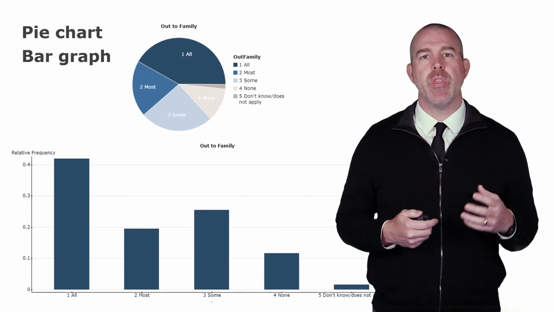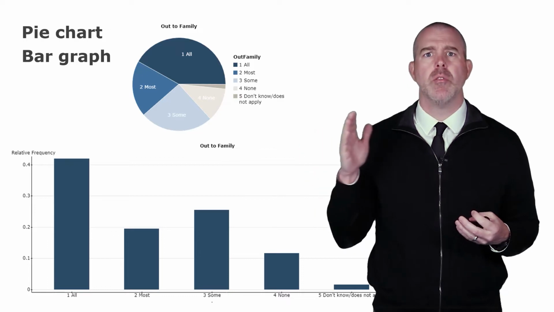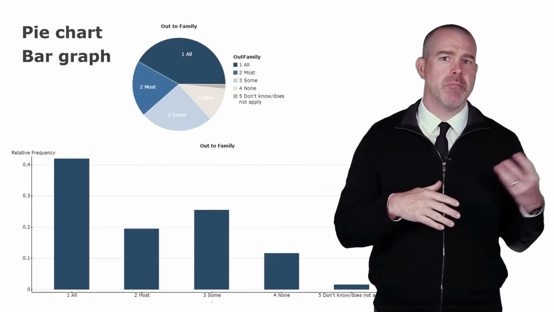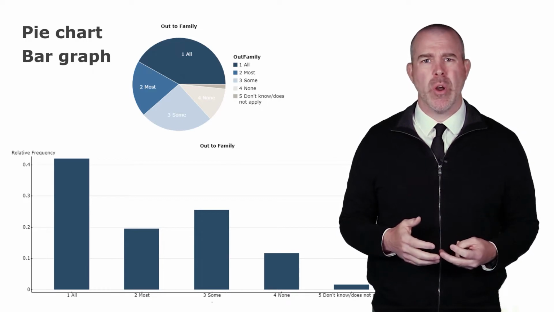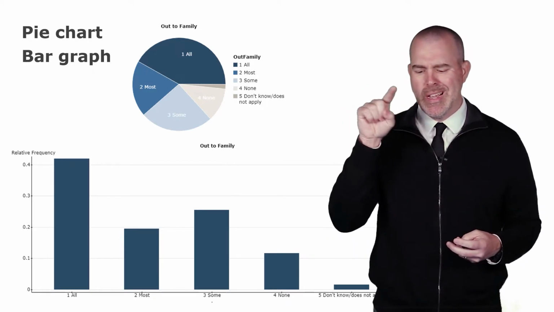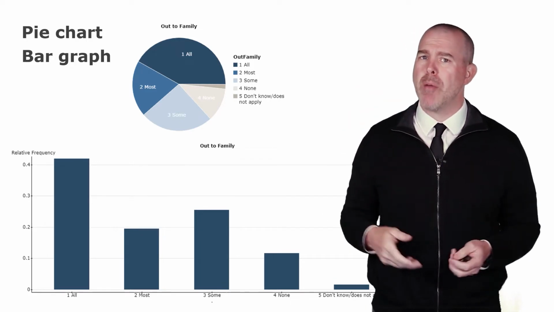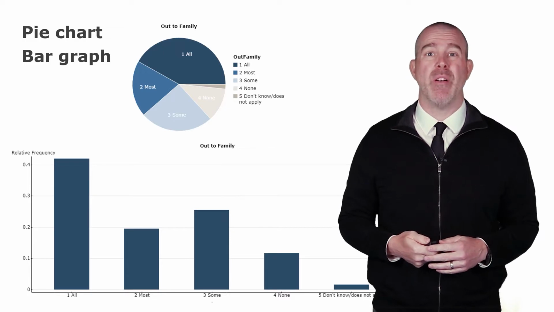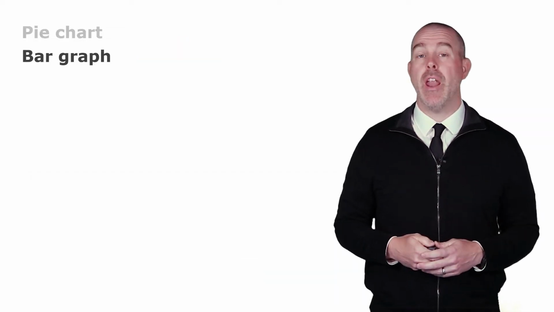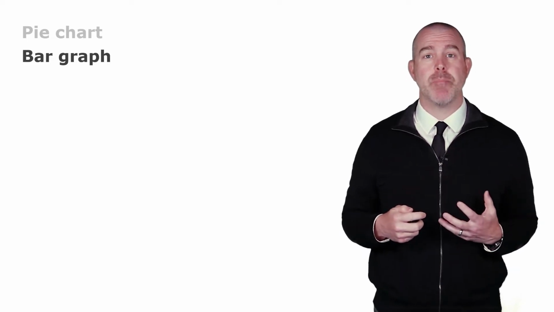So the thing to think about here is this is really an ordinal variable. All, most, some, none, and then the fifth category there. But there's clearly an order, and so putting it in a circle is kind of weird because the all is next to the does not apply, and so a bar plot is really going to be more appropriate if you have an ordinal variable.